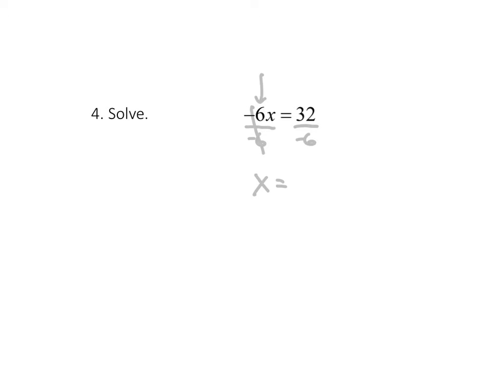Now on the right-hand side, that does not divide evenly, so we need to reduce this to lowest terms. We know there's a common factor of 2. 32 divided by 2 is 16. 6 divided by 2 is 3. And because we had one negative sign, this is a negative solution, negative 16 thirds.